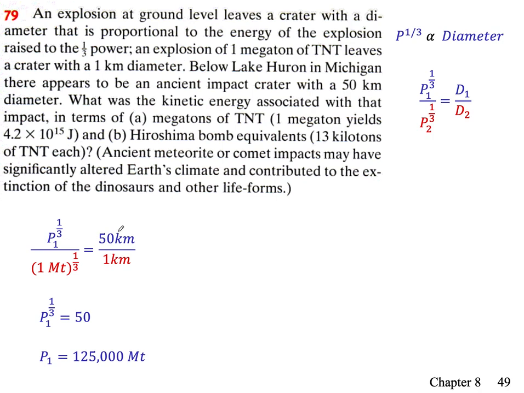And solving it, you'll end up with the crater underneath Lake Huron must have been roughly an explosion of 125,000 megatons, or 125 gigaton explosion. That's pretty big. How many equivalents to Hiroshima is that? Well, just doing a couple of factor label ones.